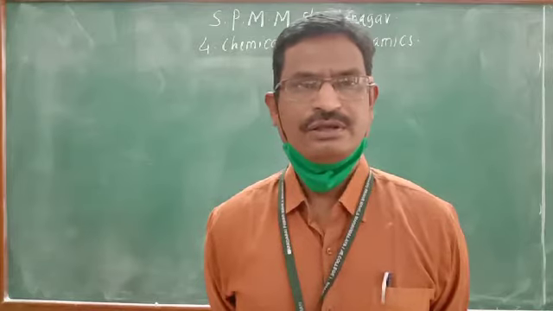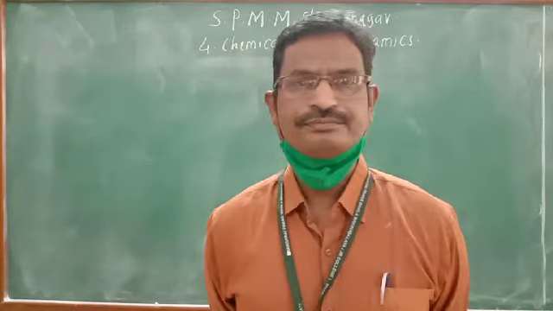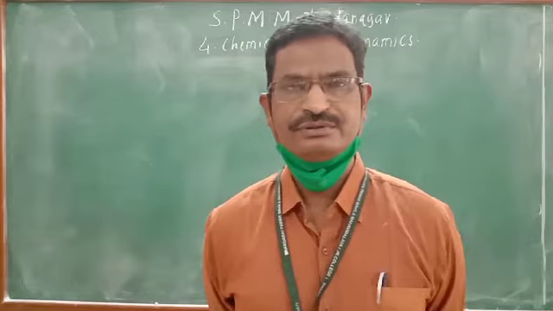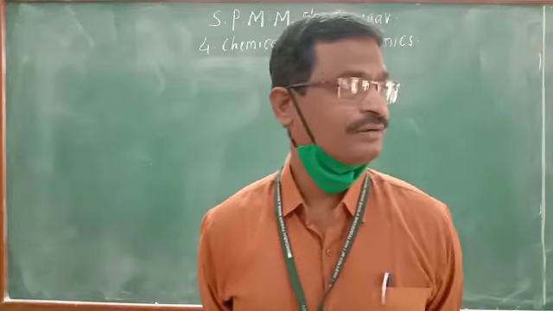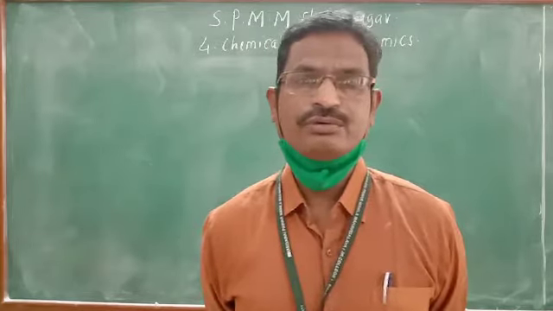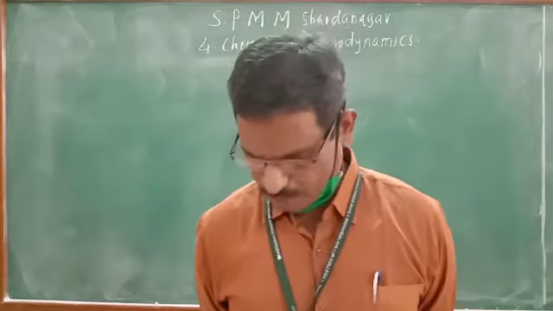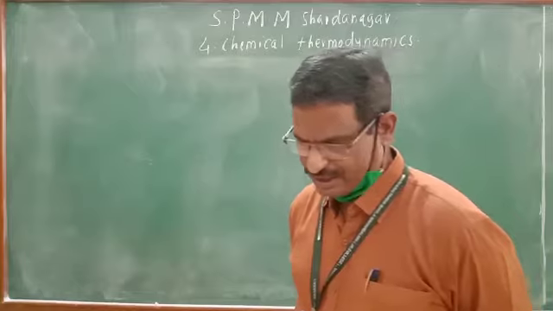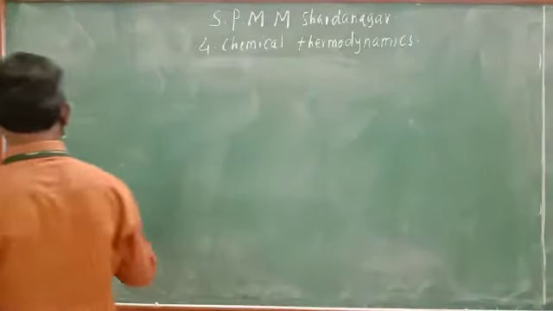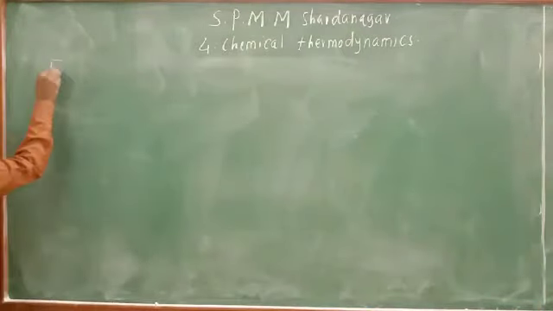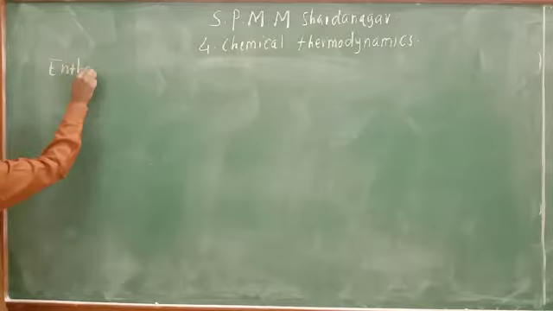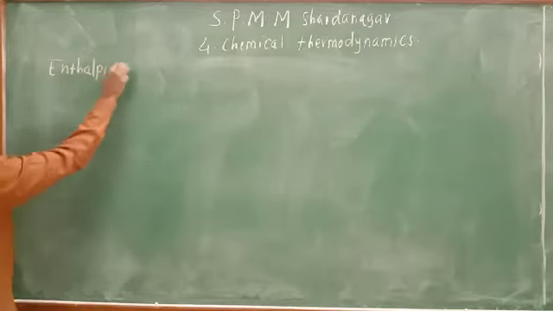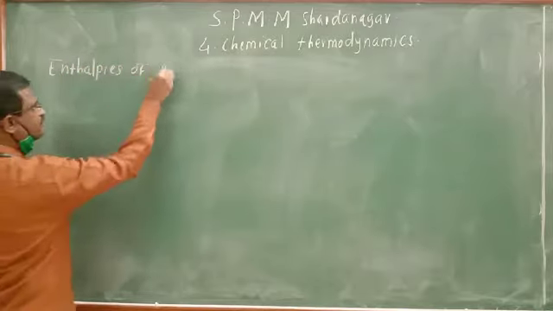Whenever n2 and n1 are different, what happens to the work done, whether it is negative, positive or zero, that we have studied. And now the next point is enthalpies of physical transformation.